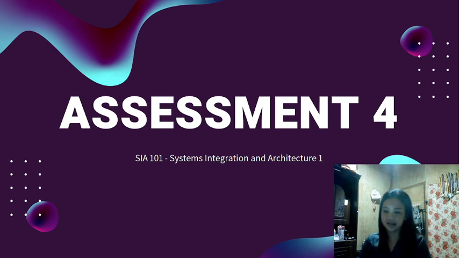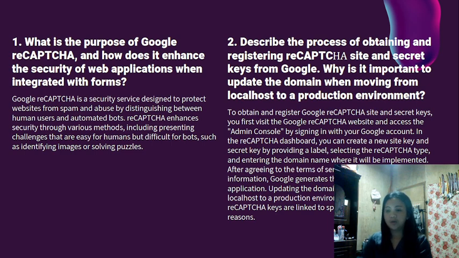So next is assessment number 4. What is the purpose of Google reCAPTCHA, and how does it enhance the security of web applications when integrated with forms? So Google reCAPTCHA is a security service designed to protect websites from spam and abuse by distinguishing between human users and automated bots.